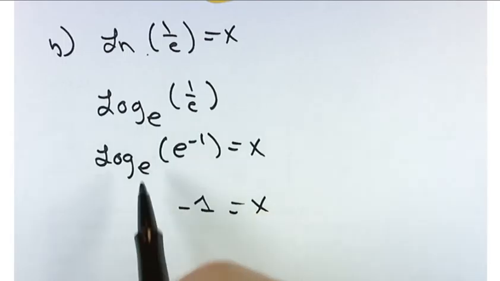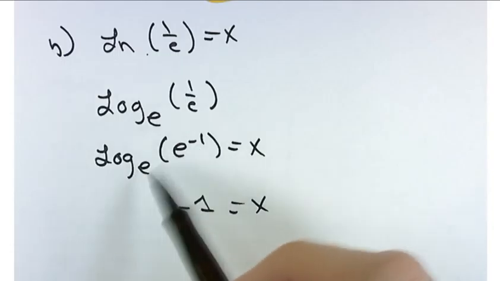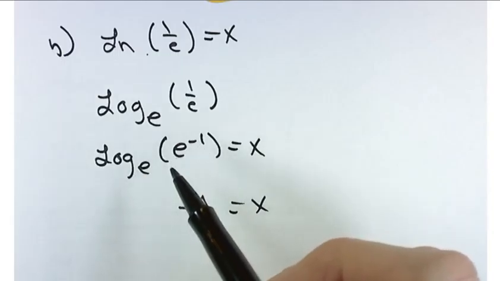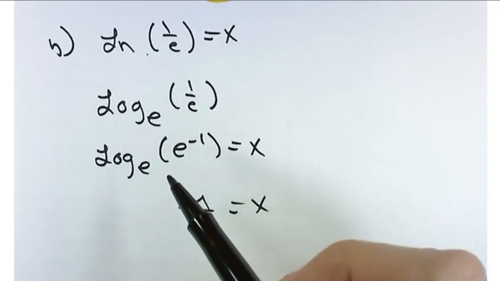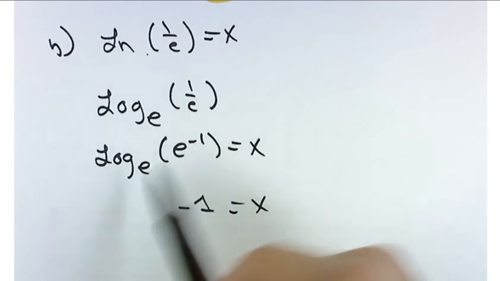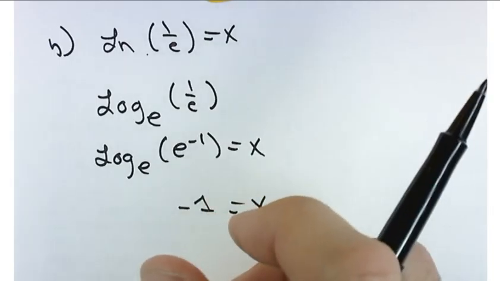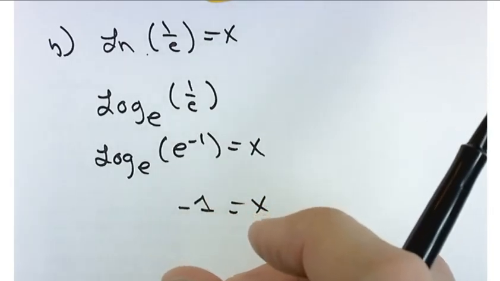And I like this demonstration down here. It kind of hints at something else, which is another property of our logs. And that is, these two things look like they're canceling. And in fact, they are. The reason they are is because the logarithm and the exponential of the same base are inverses of each other. And they're going to cancel out exactly. So let's go back and add that to our little properties list.